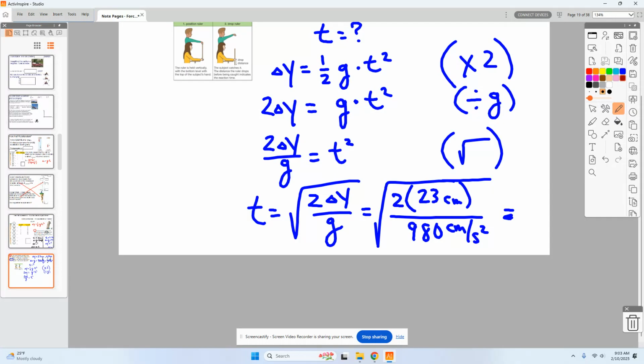And again, those who have a little more math background will see that the centimeters are treated like algebraic variables there. The centimeters reduce, and what I have is 1 over second squared. That just becomes second squared. I take the square root of that and I get seconds. Now, my calculator is going to give me 2 times 23 divided by 980.